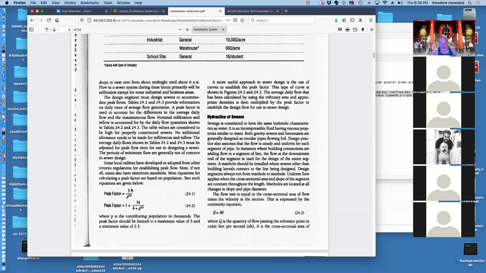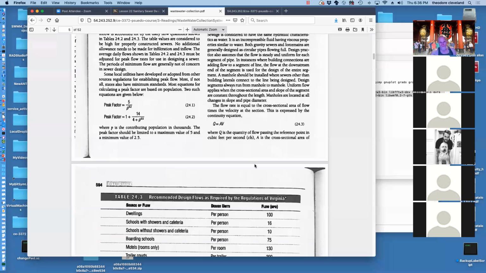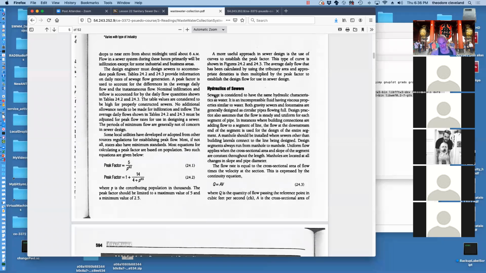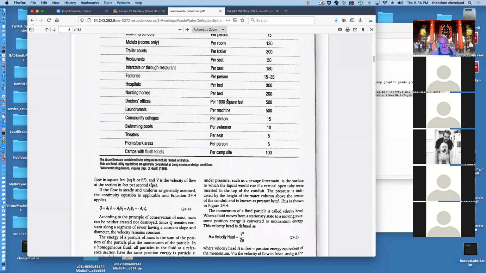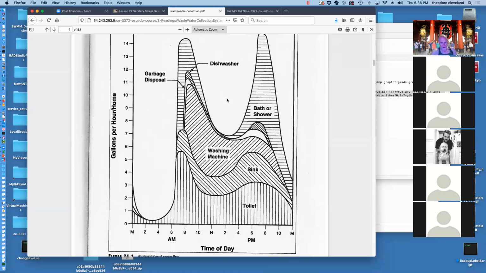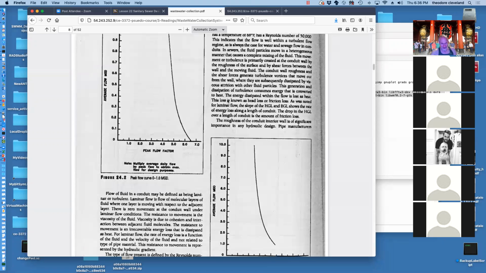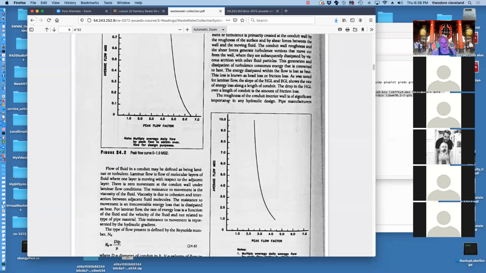And then the sewer is designed to accommodate that peak flow. Here it makes the dramatic statement that sewage is considered to have the same hydraulic characteristics as water. And that pretty much means that we can skip ahead, because we by now know how to deal with the hydraulics of water.